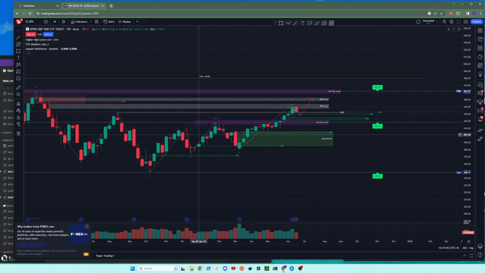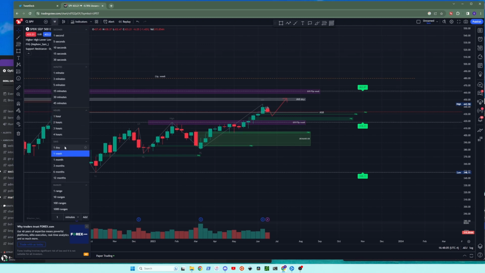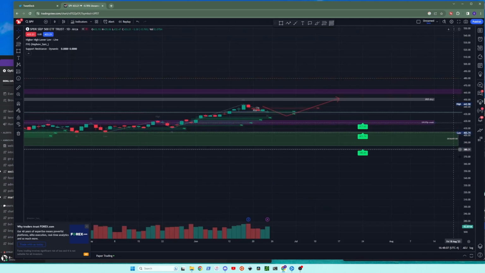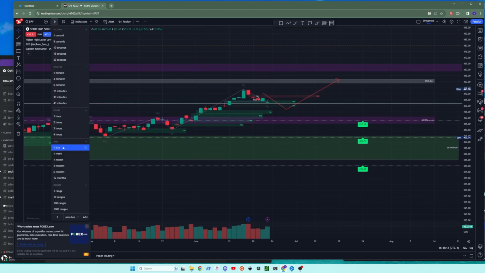And get rid of that. We have an imbalance that got filled, it looks like, so I'll take that off the chart. Take the little guy off the chart, take that little one off the chart. Those are on the minute time frame, I think. So we have the imbalance up here. If I go to the day, what do I have on? Where is this?